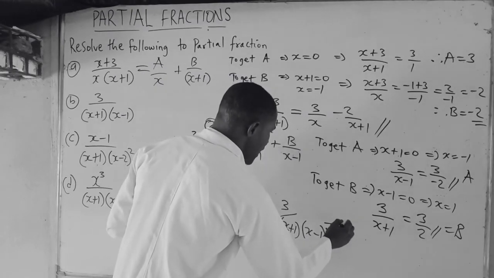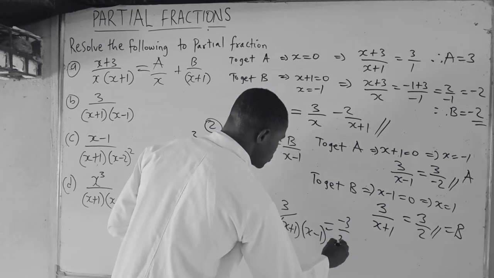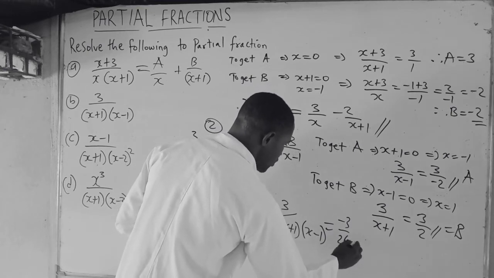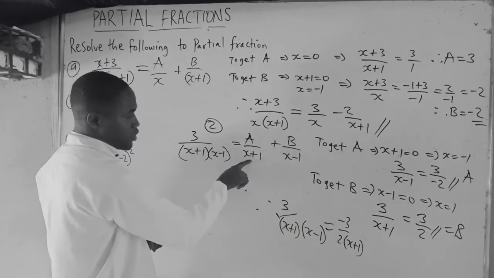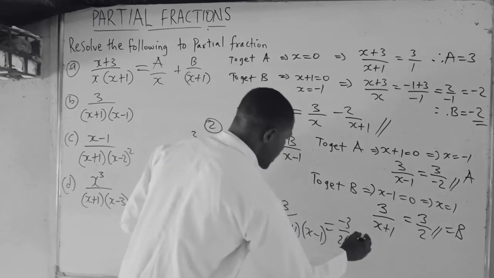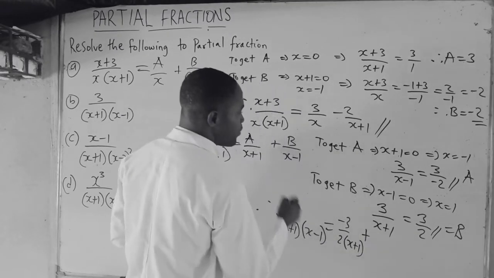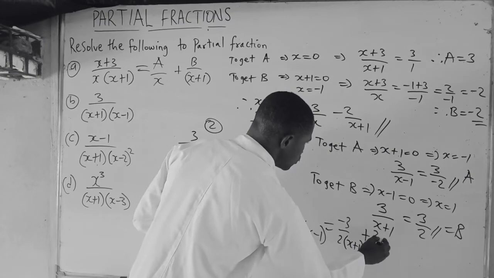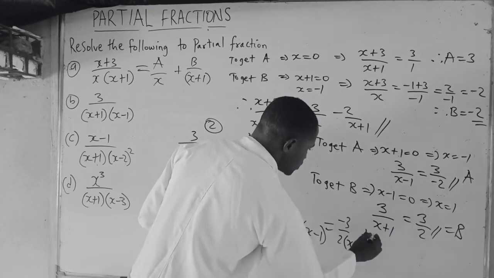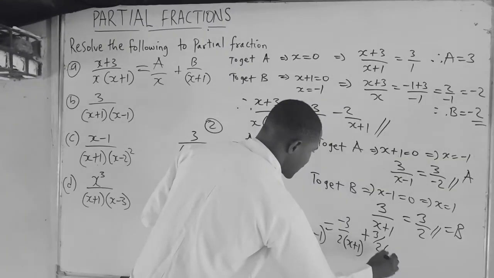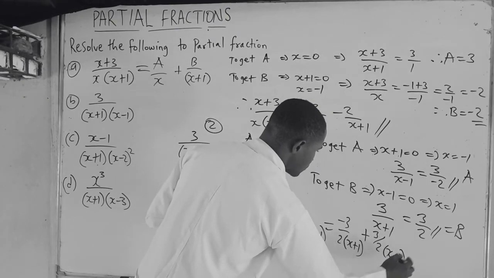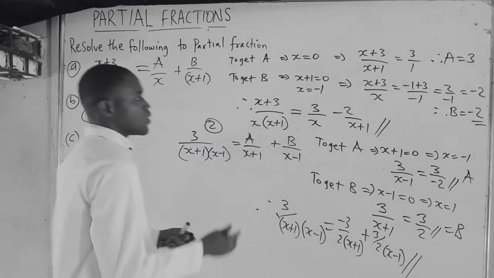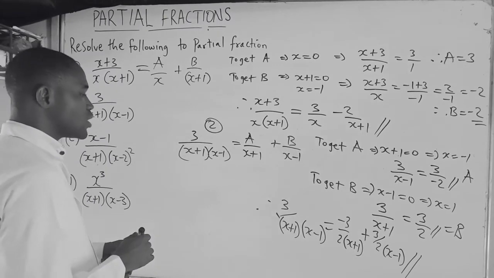Our a is minus 3 over 2 bracket s plus 1, because it has denominator s plus 1. Then plus, what is our b? We have our b to be 3 over 2 bracket s minus 1. Answer. So that is your answer to the question.